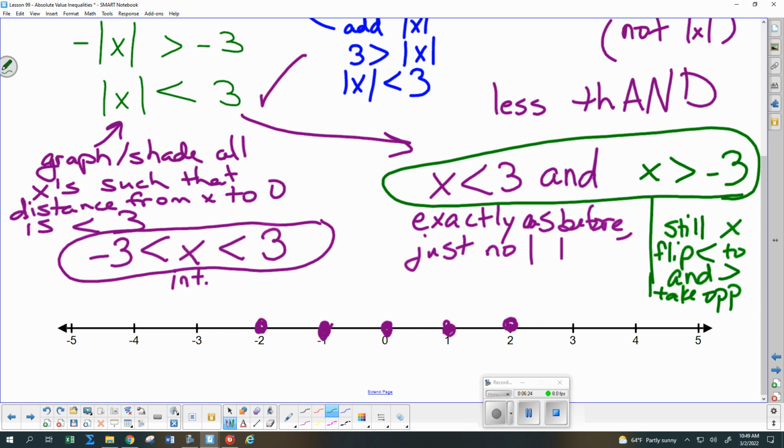It also says x is greater than -3 and x is less than 3. Doesn't matter which one comes first, but you've got to have the word and in between. So does that make sense to everybody? Got to end up showing me the steps to get there, the graph, and for this one or the other way of writing that, whichever way makes more sense to you. Okay, that's the slowest one that we're doing.